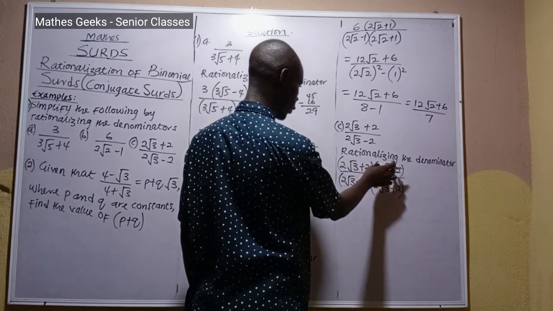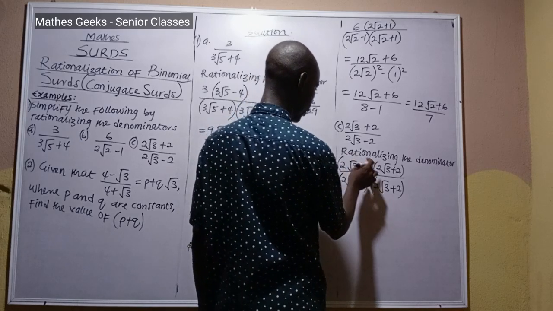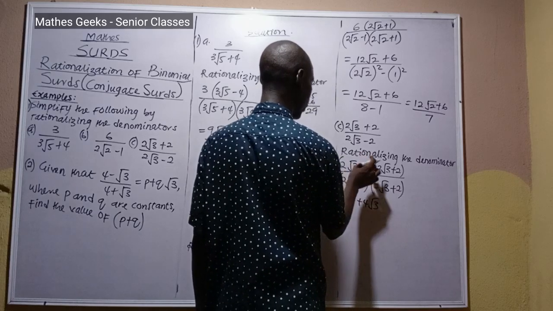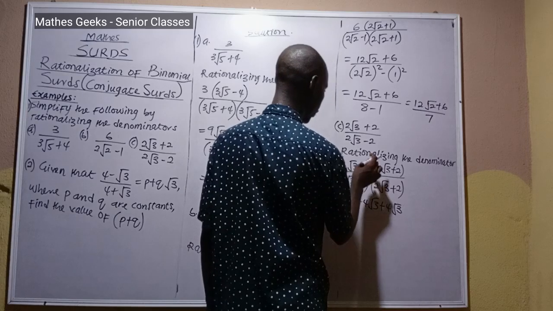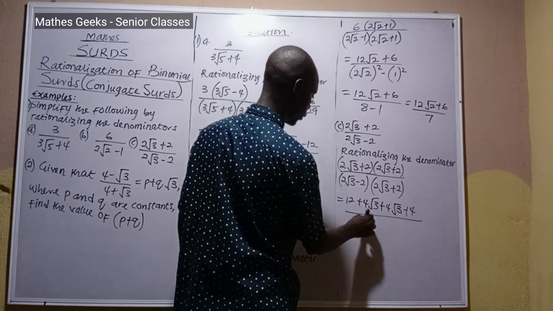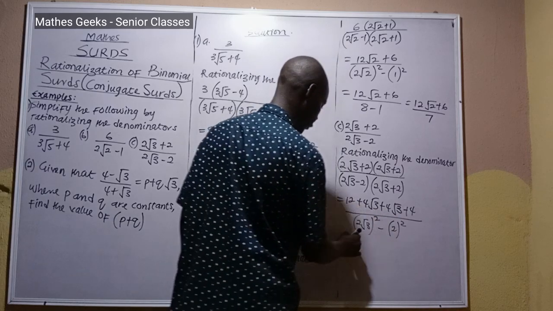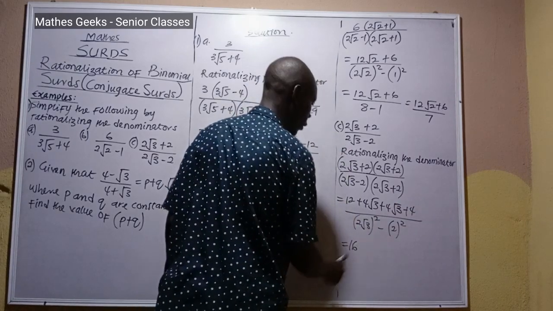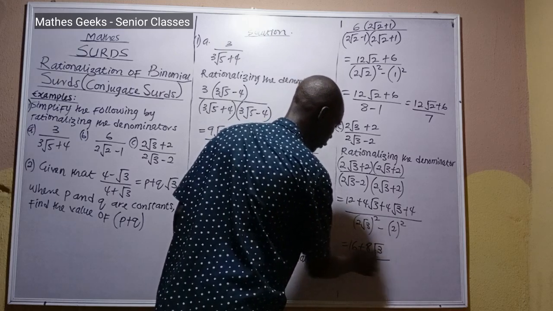Two times 2 is 4, root 3 times root 3 gives us 3, 4 times 3 is 12. 2 root 3 times plus 2 will give us 4 root 3. Plus 2 times 2 root 3 will give us plus 4 root 3. Plus 2 times plus 2 will give us plus 4. And this will give us 2 root 3 squared minus 2 squared. So 12 plus 4 is 16, plus 4 root 3 plus 4 root 3 is plus 8 root 3.